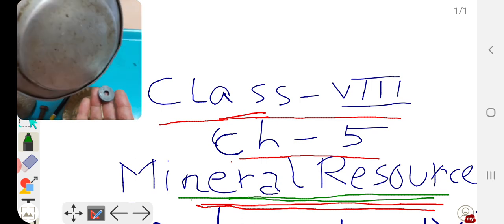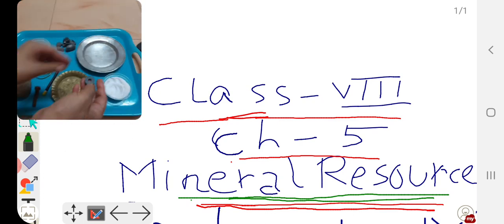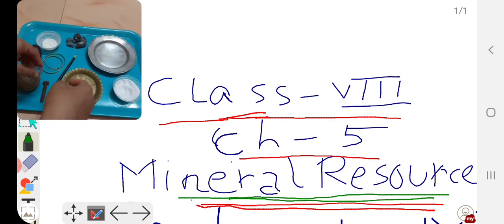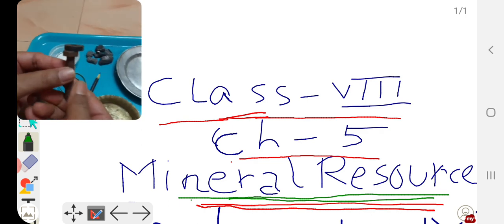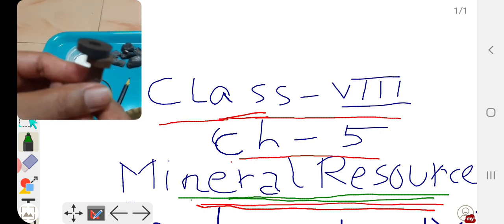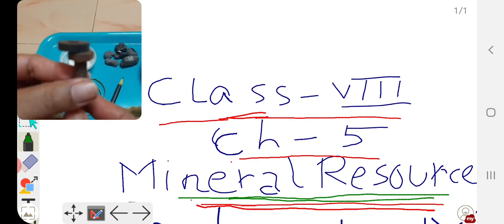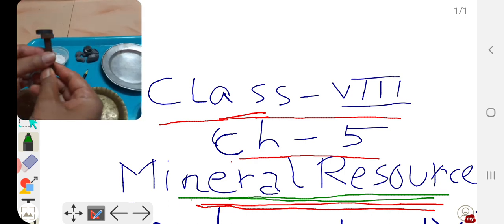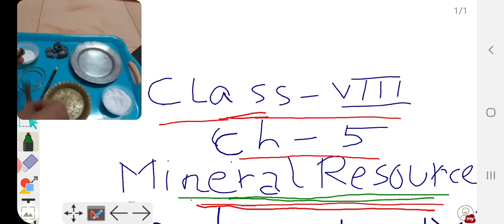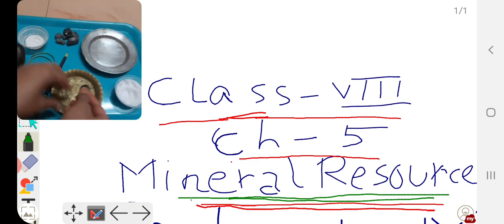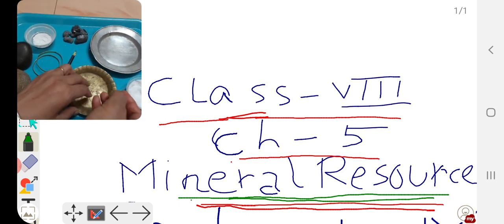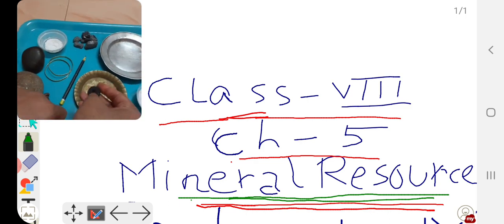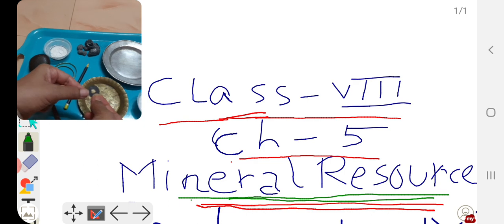So what does this indicate? The one which is getting attracted to this magnet contains iron. So this is a ferrous mineral. And the ones which do not have any attraction to the magnet are non-ferrous minerals that do not contain iron.